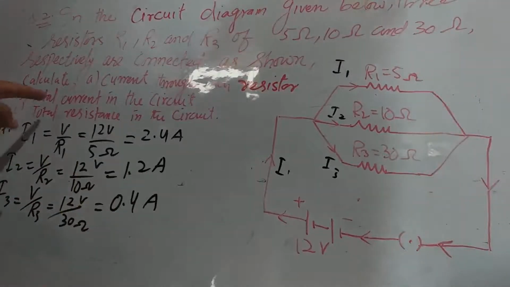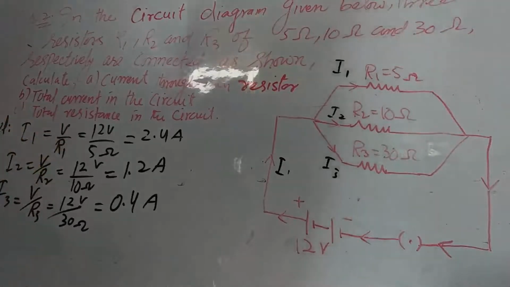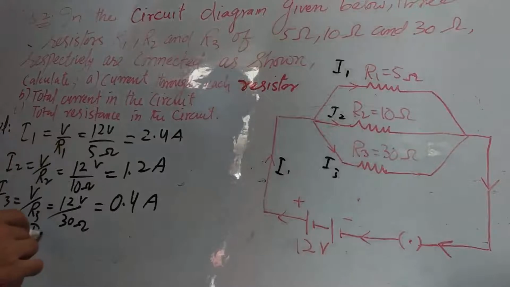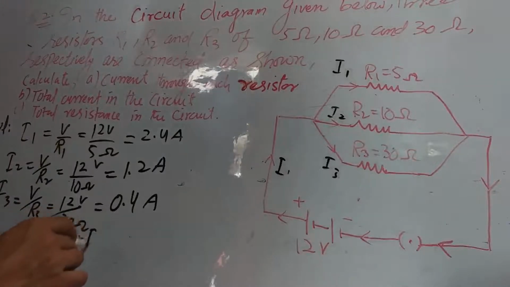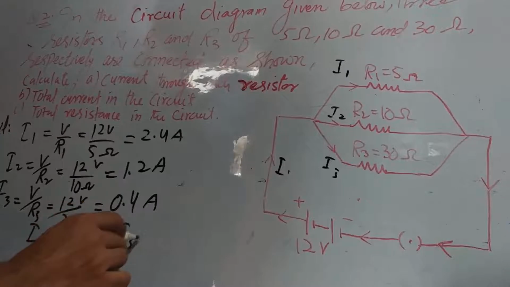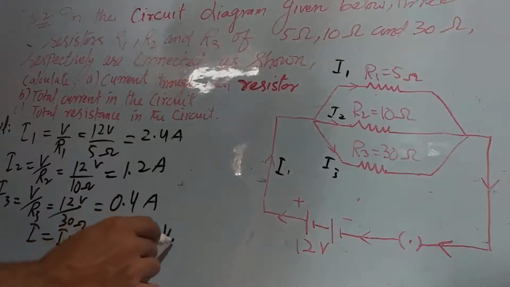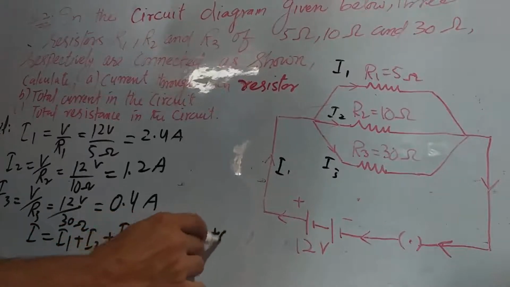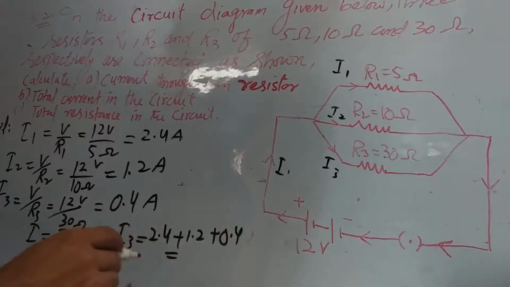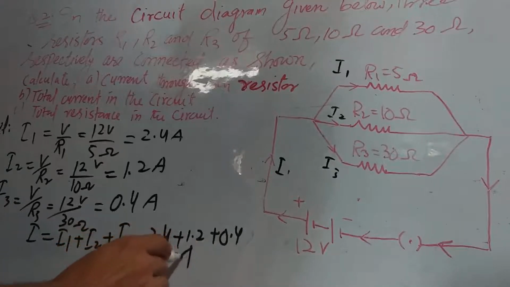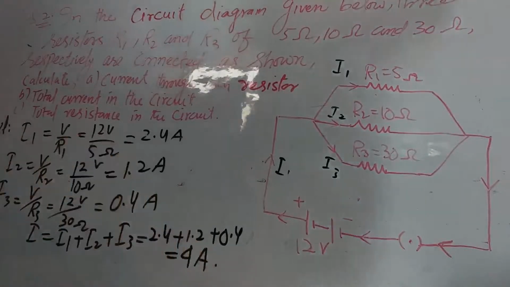Now the total current in the circuit: total current I is equal to I1 plus I2 plus I3, which is equal to 2.4 plus 1.2 plus 0.4, equal to 4 ampere. So total current is 4 ampere.